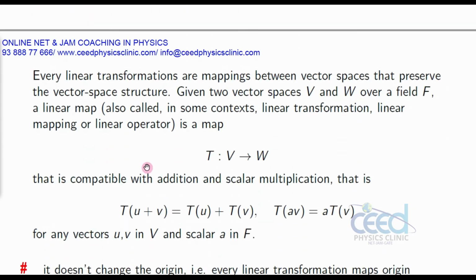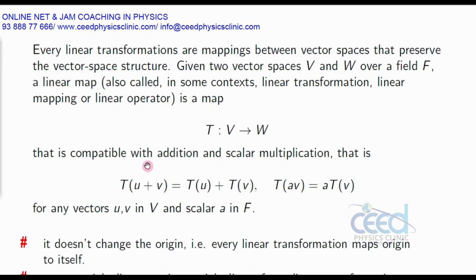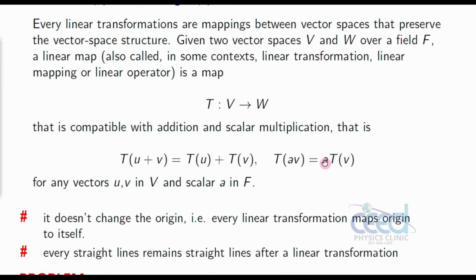Suppose you are considering a transformation from V to W. It is compatible with addition and scalar multiplication means that if you consider two vectors in this vector set, u and v, they satisfy the condition T of u plus v is equal to T of u plus T of v. That is the first condition.